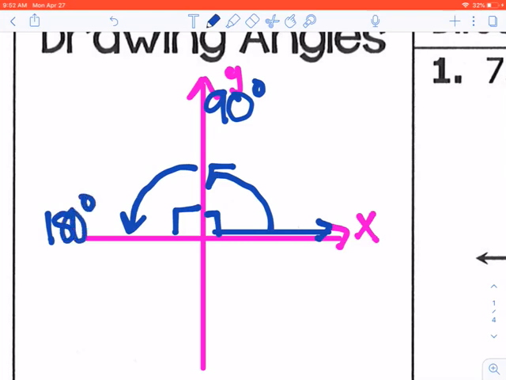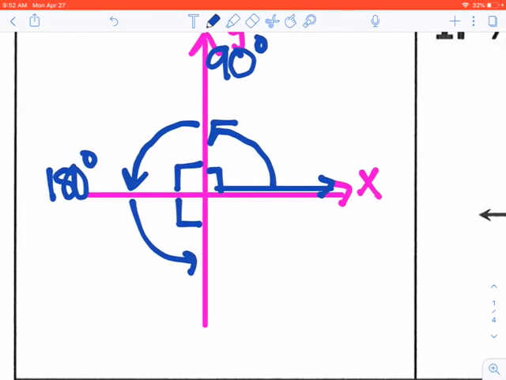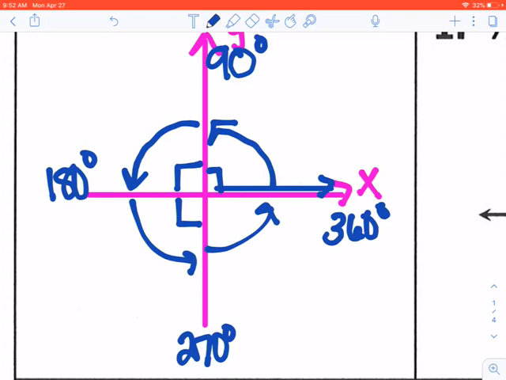And then if I keep going, another 90 degrees with my angle, I'll be at 270 degrees. Then another 90 degrees, I'll be at 360 degrees, which is where we started, also at 0 degrees. So this is the same exact angle. 0 degrees and 360 degrees end up being the same exact angle.